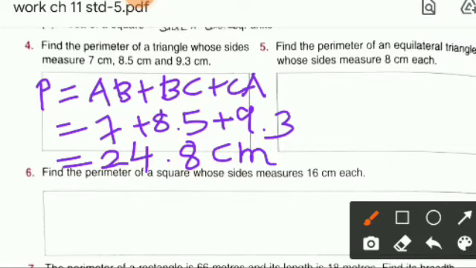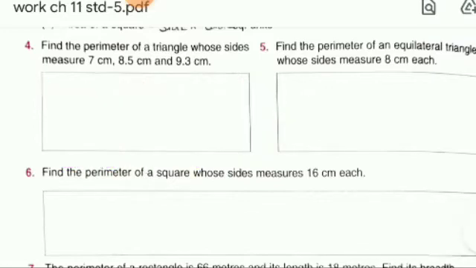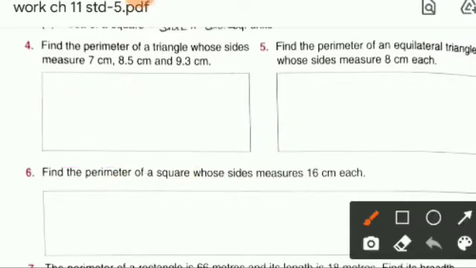Now let us see question number 5. Find the perimeter of an equilateral triangle whose sides measure 8 cm each. Here the triangle is equilateral, that means the measure of three sides are equal, 8 cm.